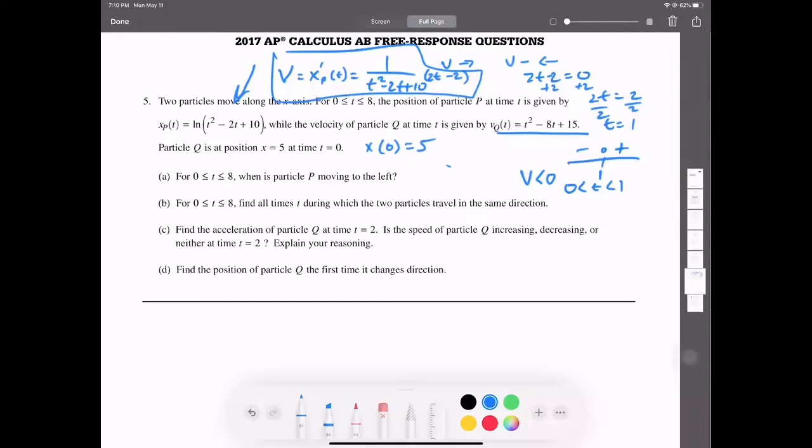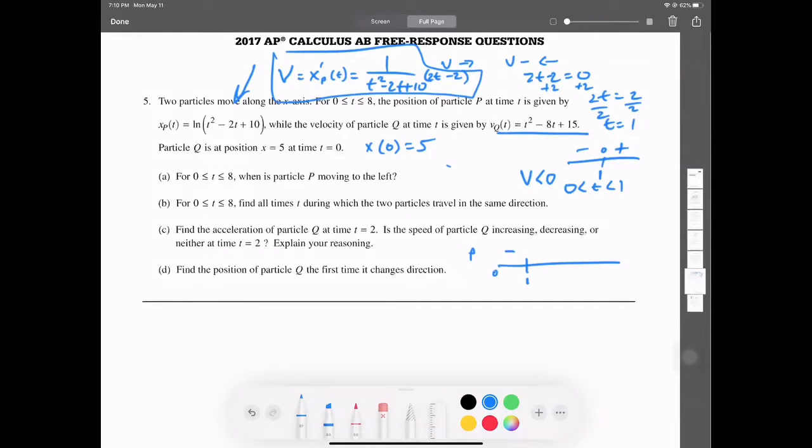Okay. Now, part B, for all times t during which the two particles travel in the same direction. So whether we're going positive or negative, we know for the first particle, P, it was only going to the left from 0 to 1.